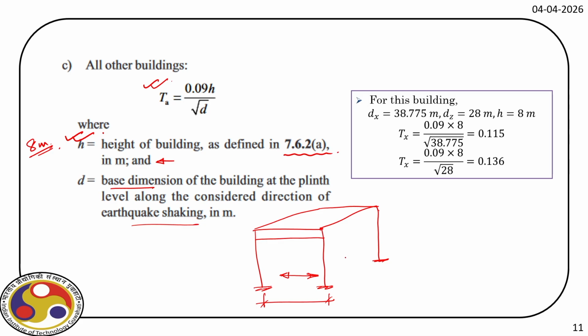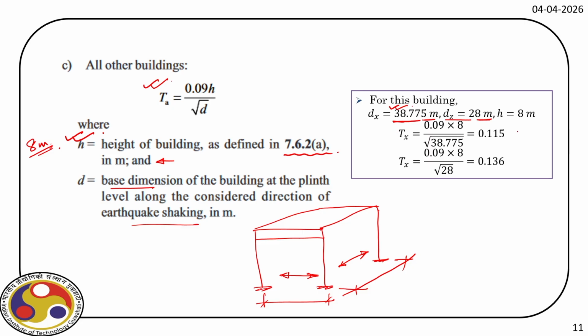If we consider shaking in this direction, then we have to consider this dimension. So for our building, this is the lateral dimension that we should consider depending upon the orientation of the shaking. Recall, at the beginning of STAAD modeling, we identified the grid plan, and from that grid plan we get these dimensions, right?